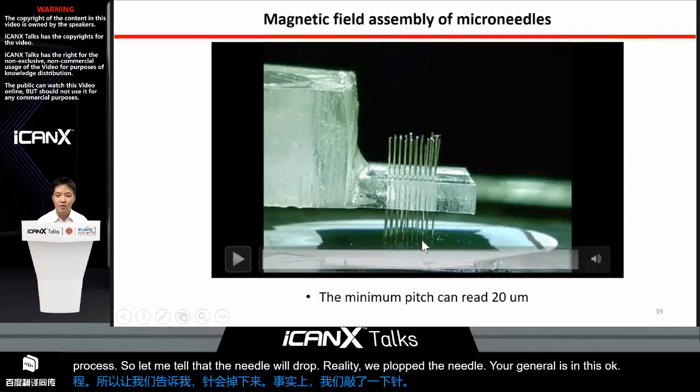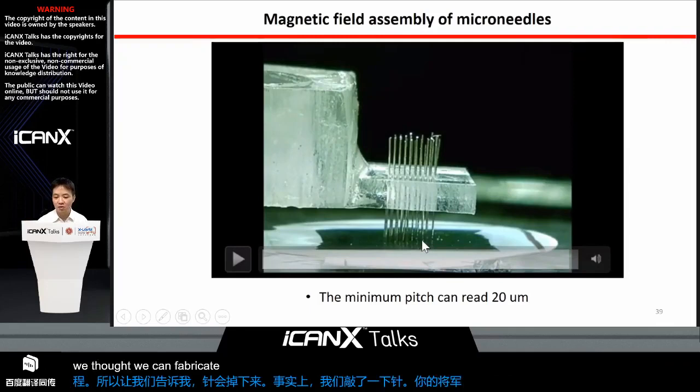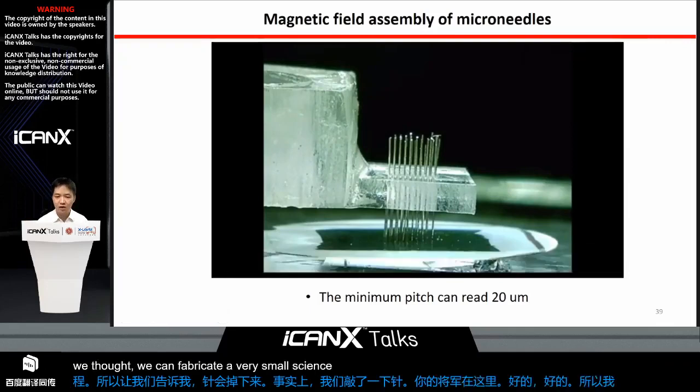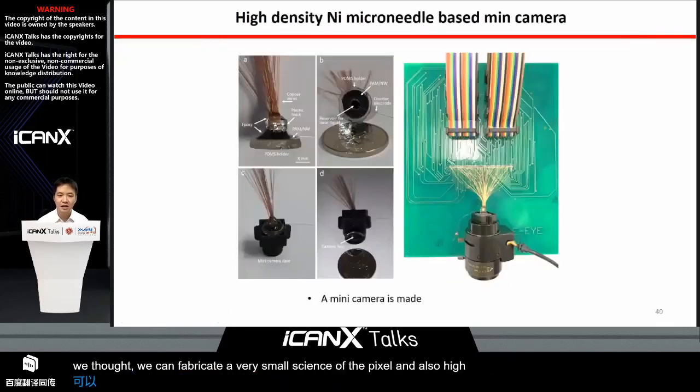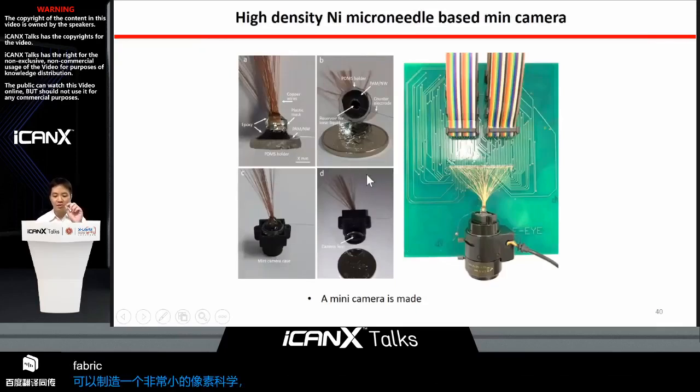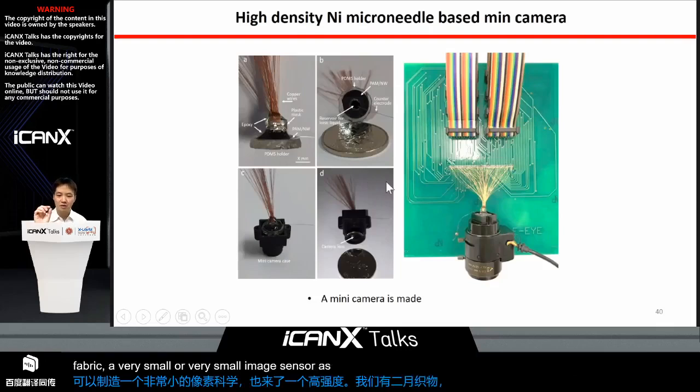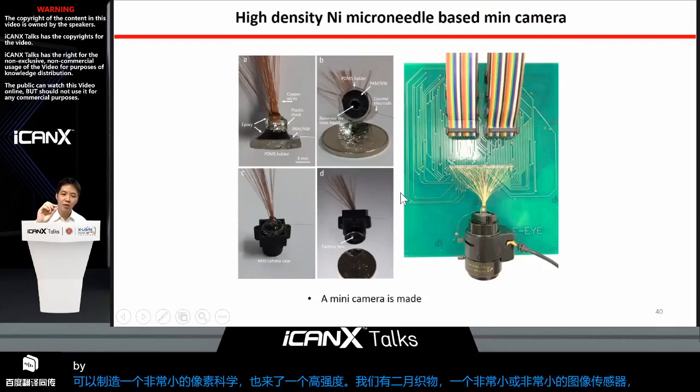With that, we can fabricate a very small pixel size and also high density. We fabricated a very small camera, or very small image sensor, about 2 millimeters by 2 millimeters. On this 2 by 2 millimeter area, we assembled 100 electrodes.